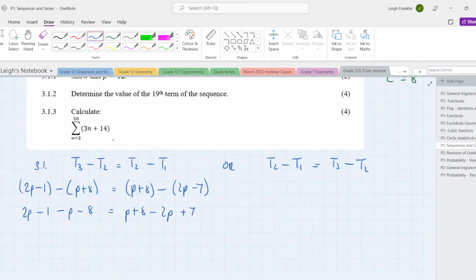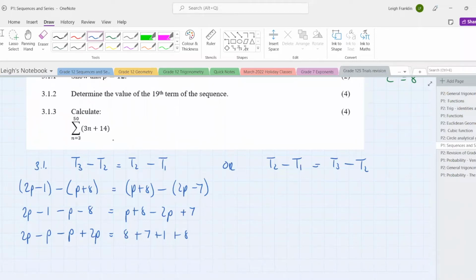And then as you said, Kaiser, we need to collect p on one side and numbers on the other side. So I'm going to leave 2p here, bring the minus p down, bring that p over from the other side, and bring the 2p over from the other side. I'm going to bring down my 8, bring down my 7, bring across my 1, and bring across my 8.